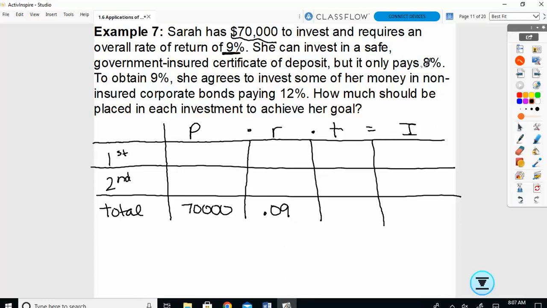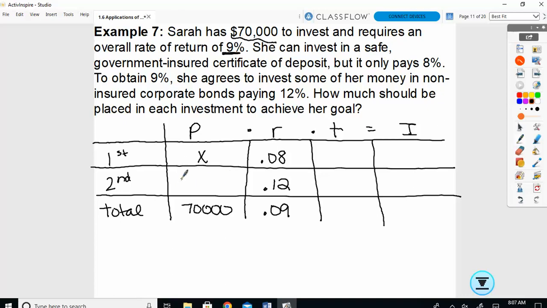So she's going to put some of it in the first one. Do I know how much? No. So that would be my X. What's the interest rate of the first one? 8%, 0.08. All right, so for the next one, it's going to pay 12%. So my rate is 0.12.